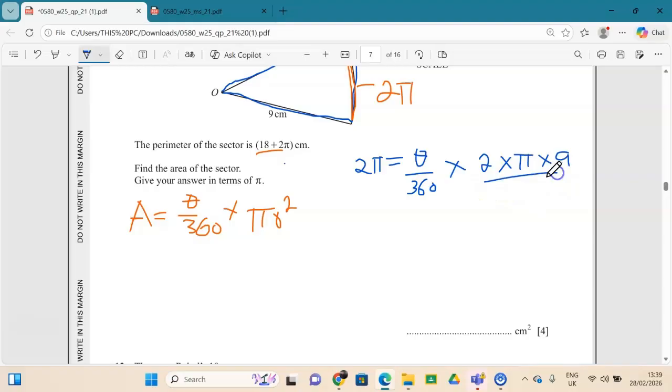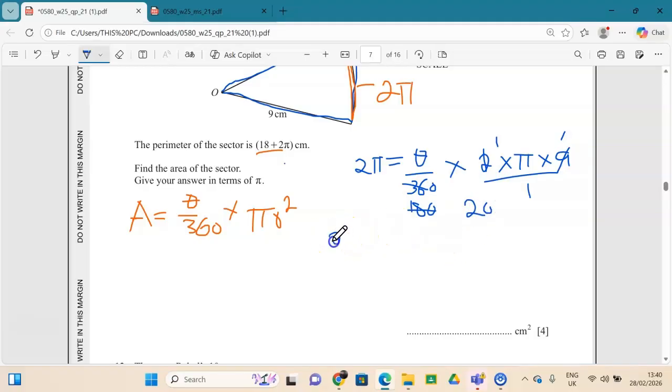So if we make this over 1, we can cross multiply, or we can reduce from this point. 2 can take this, and 2 can also take this to give us 18. It's getting easier. 9 can also go: 9 into 18 will give us 2.